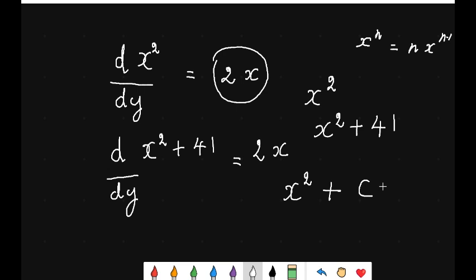And in this case, x squared plus c is the antiderivative of 2x. You got it? The derivative of x squared is 2x. The derivative of x squared plus 41 is 2x. The antiderivative of 2x is x squared plus c. Got it? Okay? That's what the antiderivative is. So you're just going back in reverse. Okay.